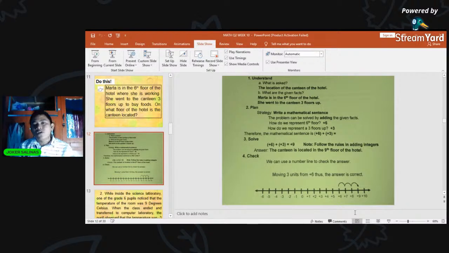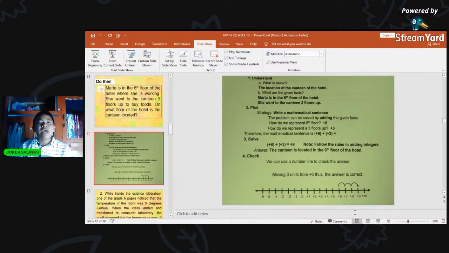So if we add positive 6 and positive 3, the answer is positive 9. So the canteen is located on the 9th floor of the hotel.